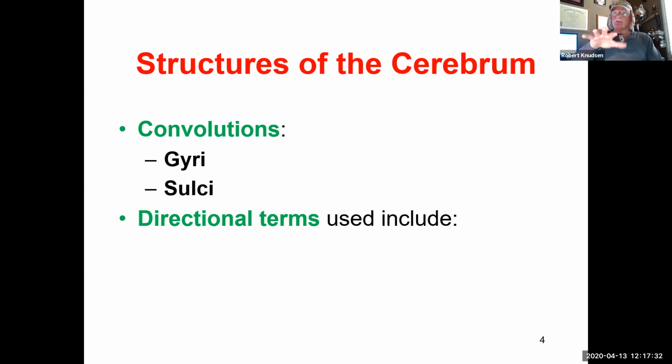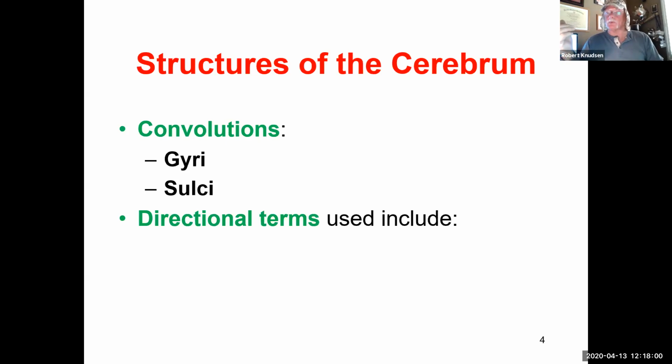Because we stand upright, we have to change a little bit of our directional terms. If you were a dog and you're walking, the top part of your head would be anterior. Superior would be up, inferior would be down. But since we walk upright, we have to change those terms. So the front part of the brain has a different name.